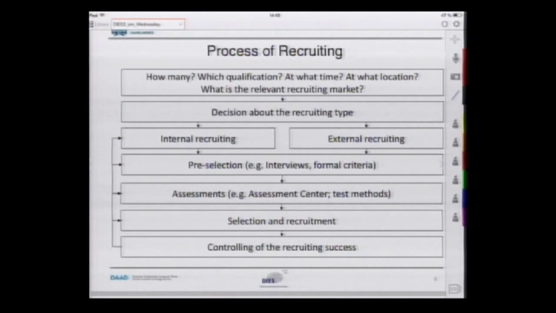If not, then you have to think about what was wrong with my decision. Where was the problem with the decision? Why did I hire the wrong people? So you have to think about your methods of recruiting. But do you have tools to help you develop that?